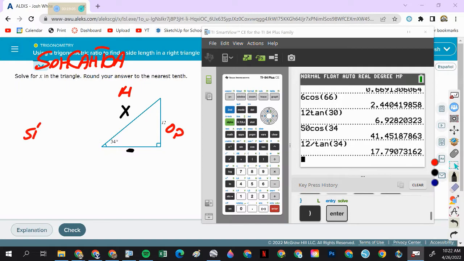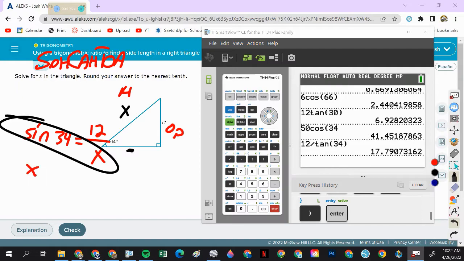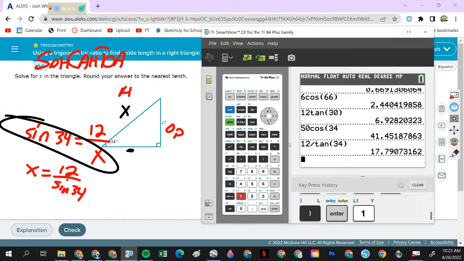So the sine of 34 is 12 over x. Is this a multiply or a switch? So you switch places with those, and we get x equals 12 over the sine of 34. So 12 divided by sine of 34.